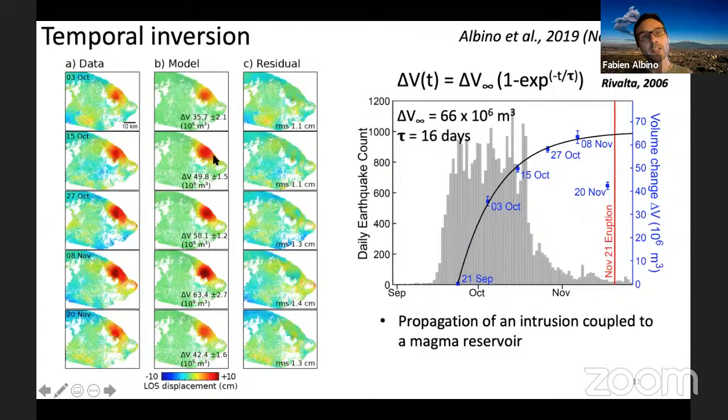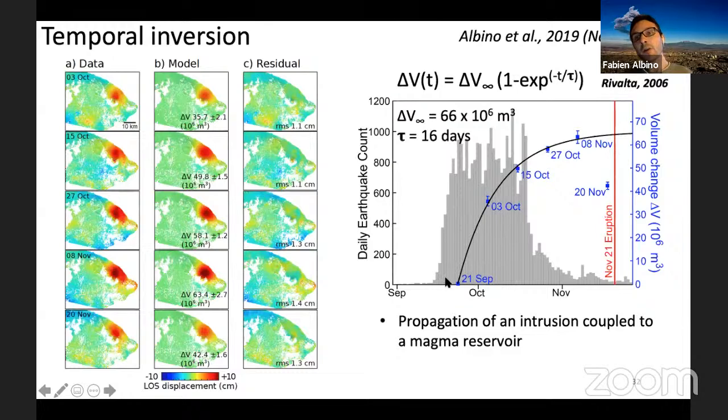So the different volume changes at different time steps. So here the data show you the deformation and the inversion. So we keep constant the geometry and invert for the volume change and see here that you have an exponential decay, a volume change that you can see here, the different dates now here that correspond to the decay of the seismicity.